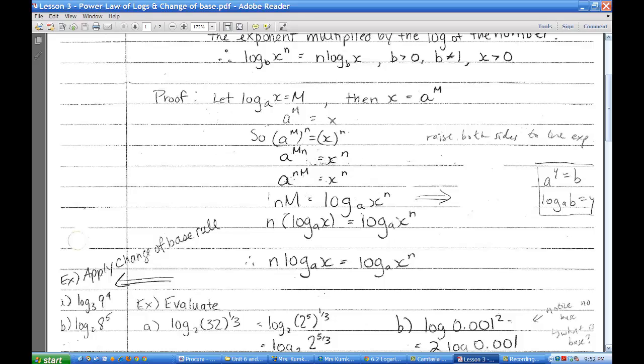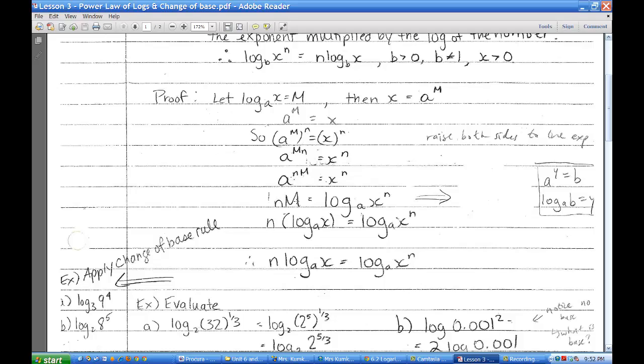Now, we can show it in terms of log. Here m, which is the exponent, equals log base a of x to the power of n. So that was my base, that was my exponent, and that was my answer.